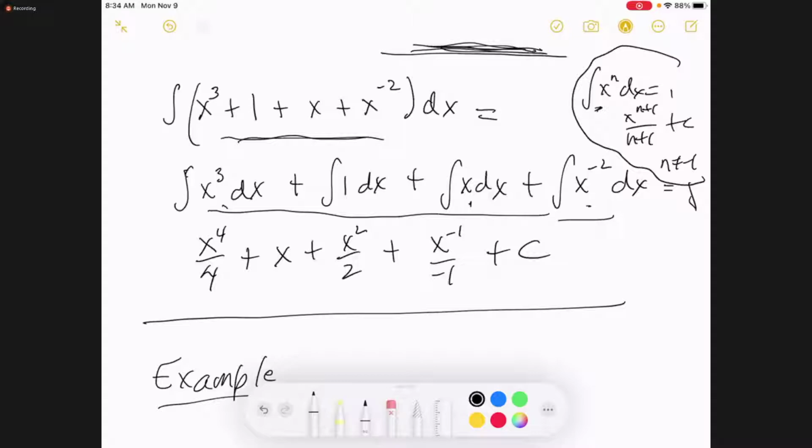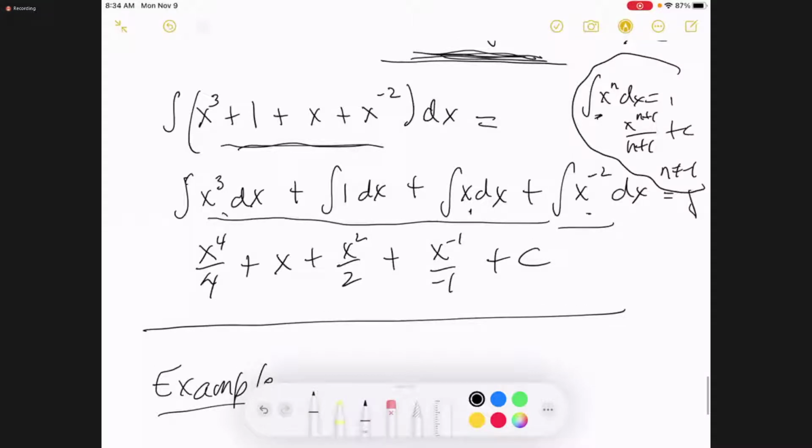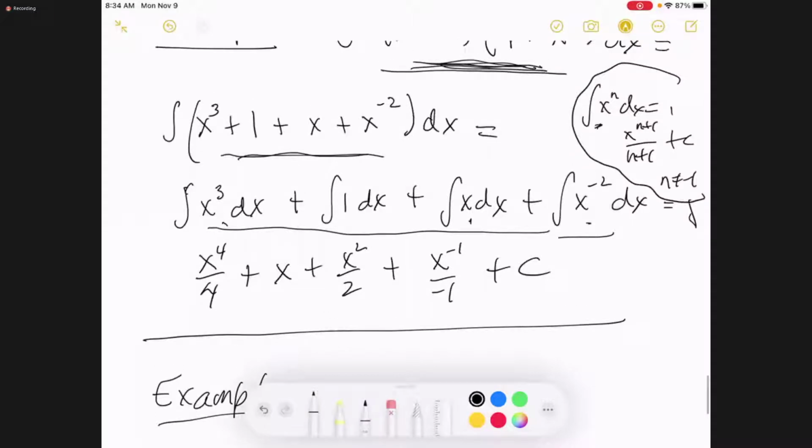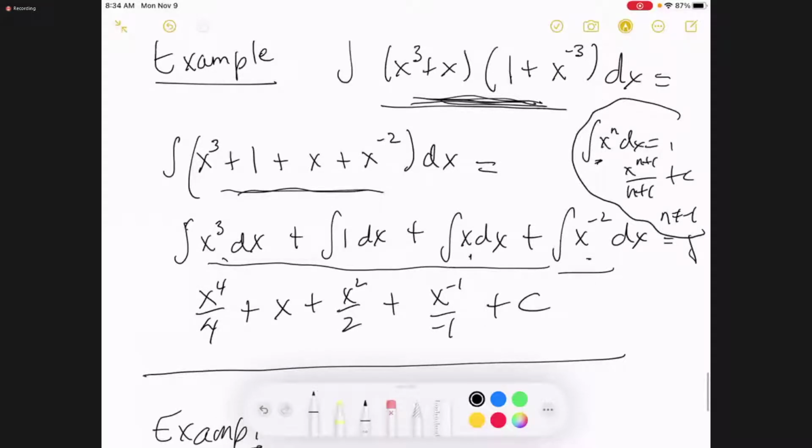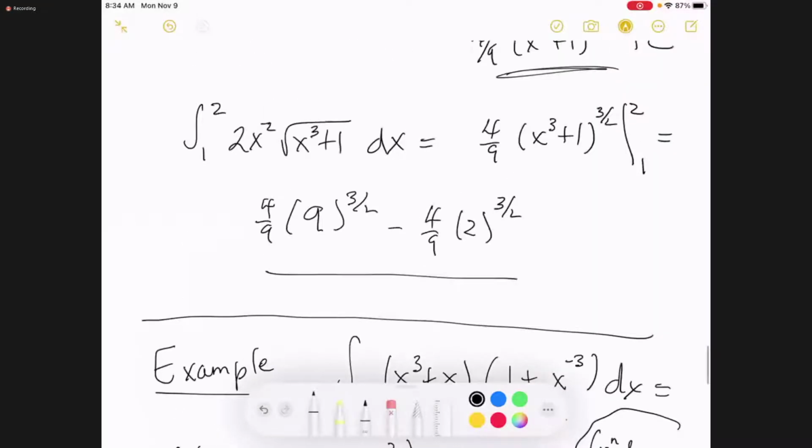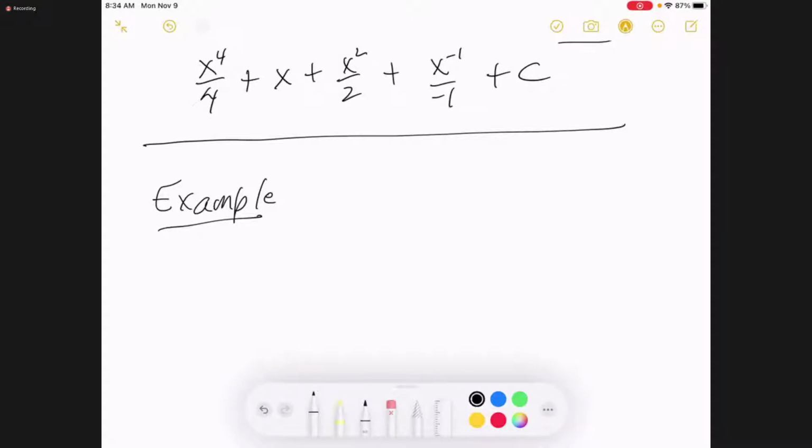All right, thank you. When you're doing a U substitution, you're going a little bit beyond just the properties of integrals. Okay, I have one picked out here.